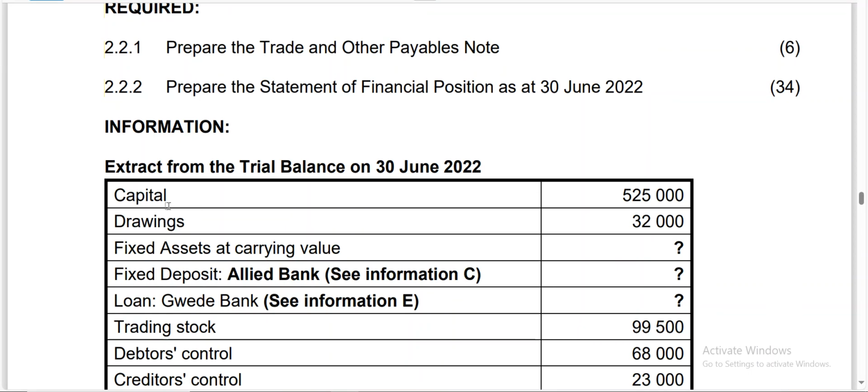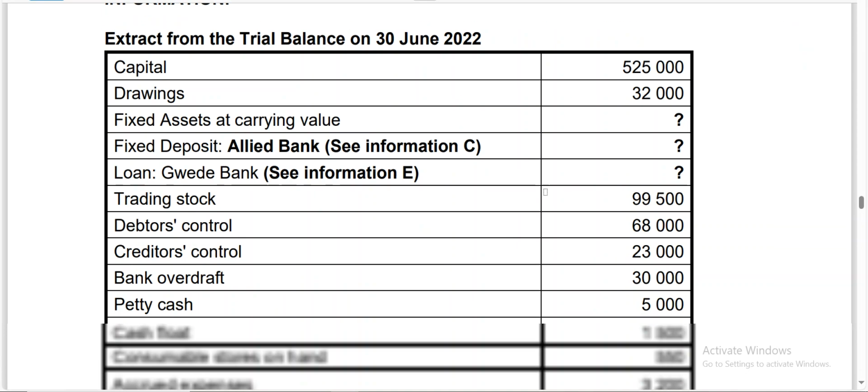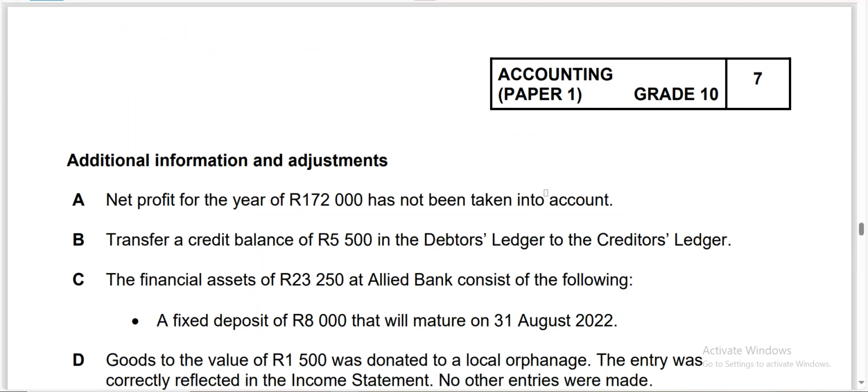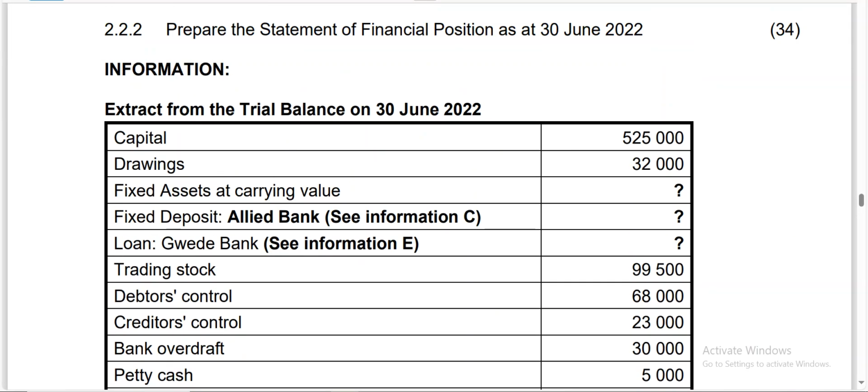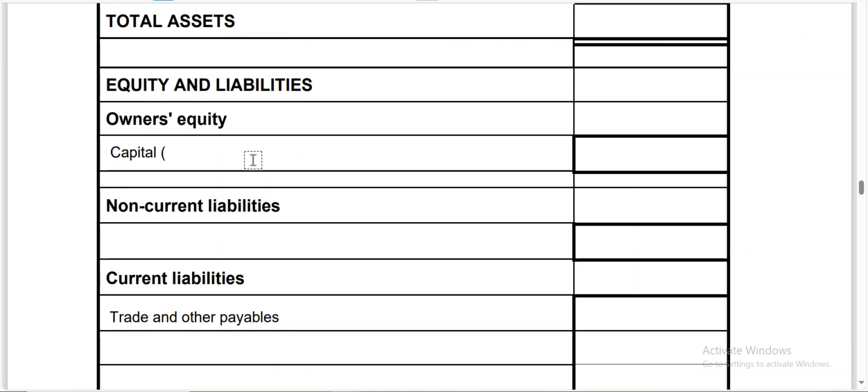So let's see, the opening balance for capital, we have 525,000, but we need to check if there was any additional information. So it means that that is our opening balance for capital. It is not the closing balance. So that capital balance, we are going to start by inserting it here. That 525,000 will come here.